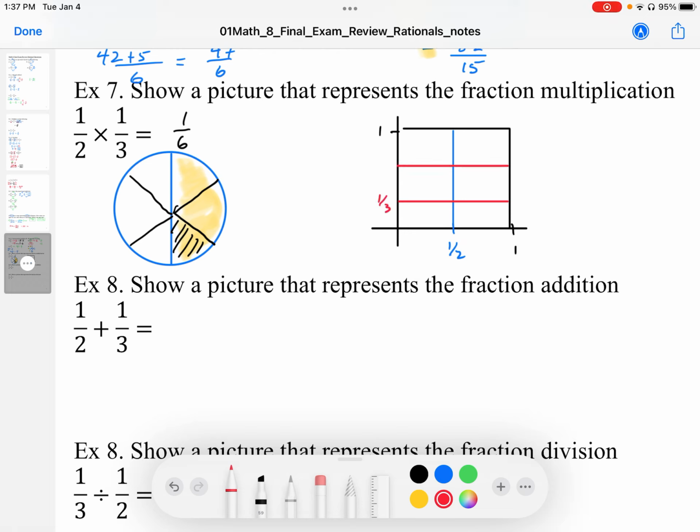So 1/3 here, and I know the answer is going to be the area of 1/3 times 1/2. Well, that is 1 piece out of 6 pieces whole. And again, this allows us to see our top times top, bottom times bottom, because the top times top gives me the 1 piece I'm looking for. The bottom times bottom gives me the number of divisions that make up the whole.